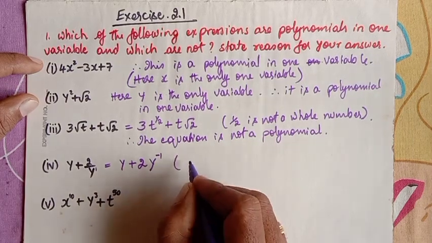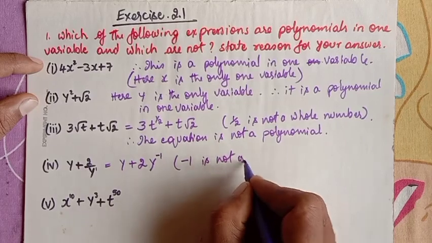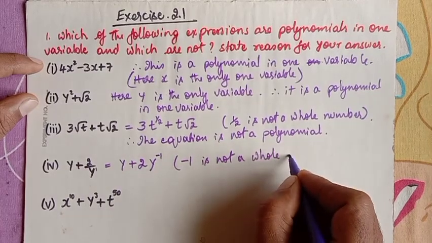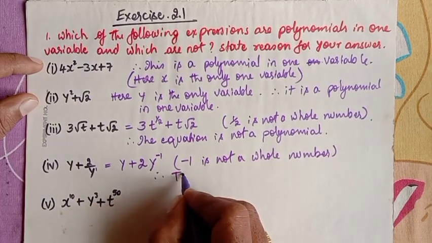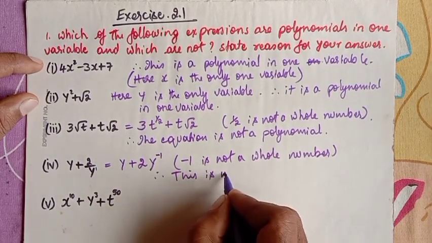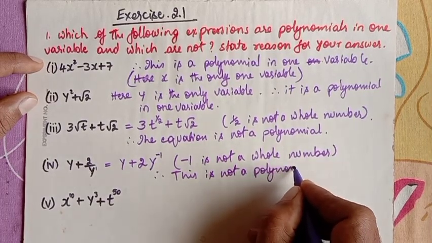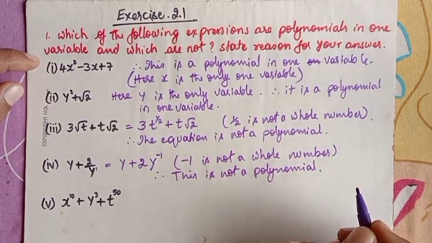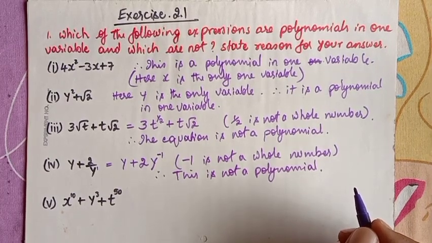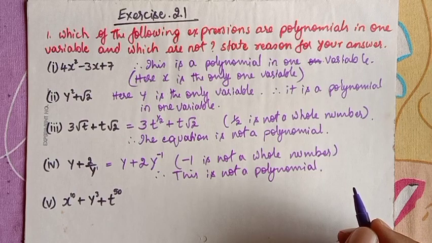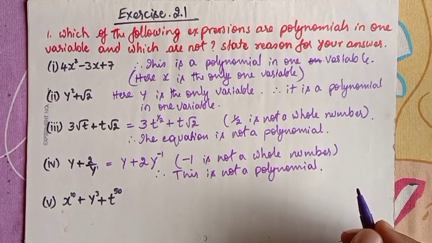Minus 1 is not a whole number. Therefore, this is not a polynomial. As you all know, a polynomial can have only whole numbers as the exponents for their variables.